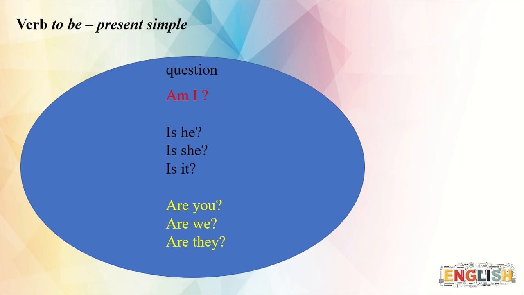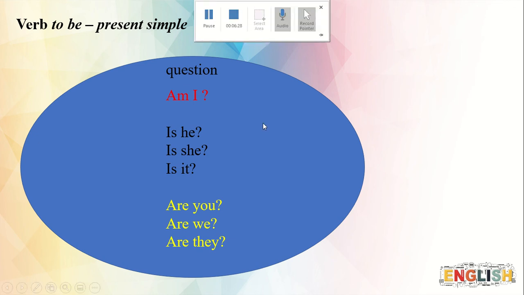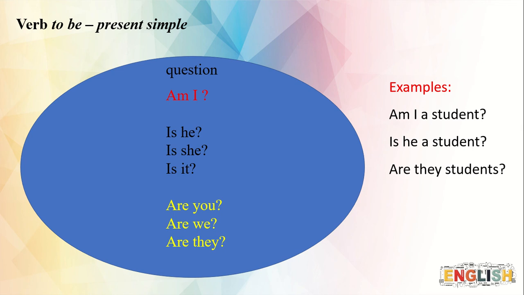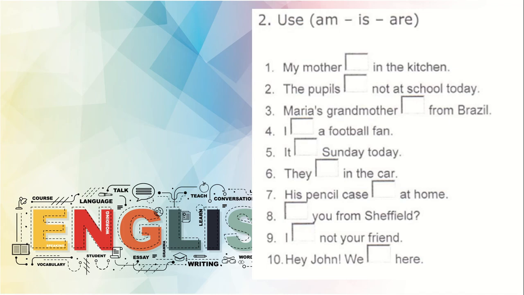You can see that we start the question with the verb followed by the subject. Example, am I a student? Is he a student? Are they students? Good.